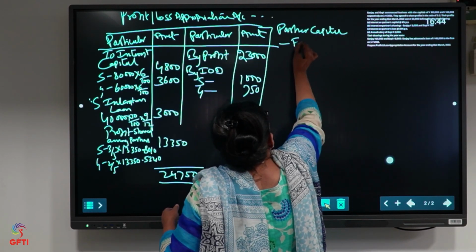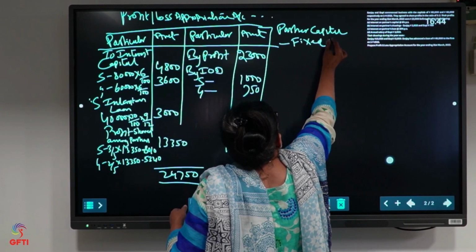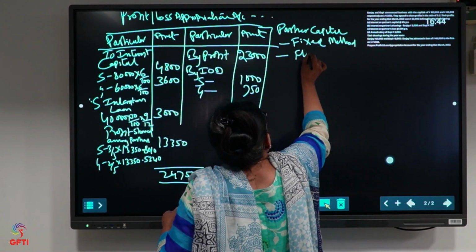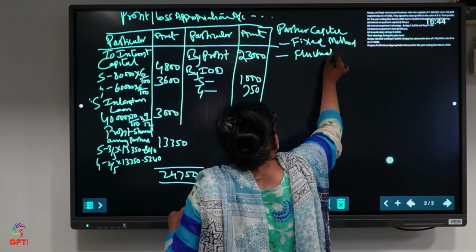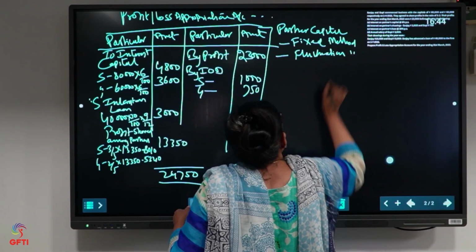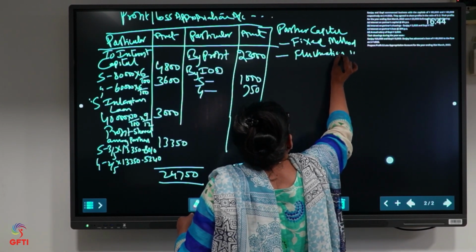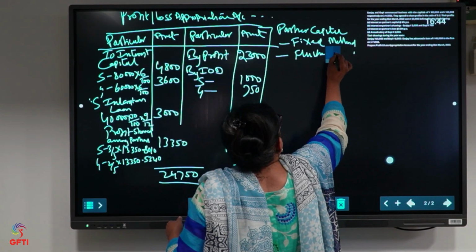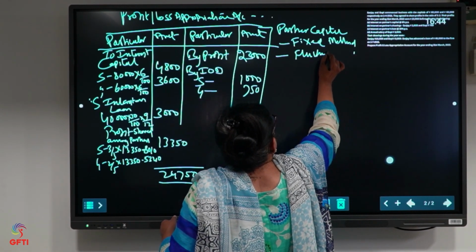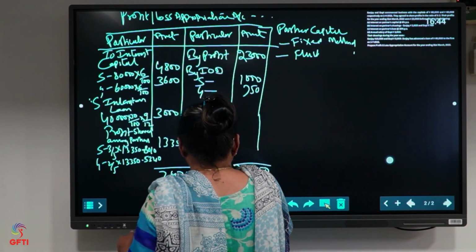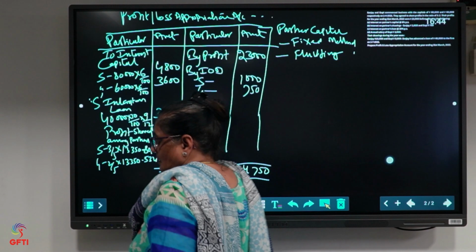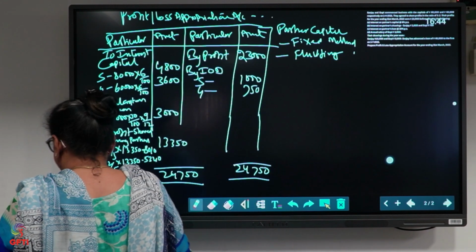One is the fixed method and the other is the fluctuating method.